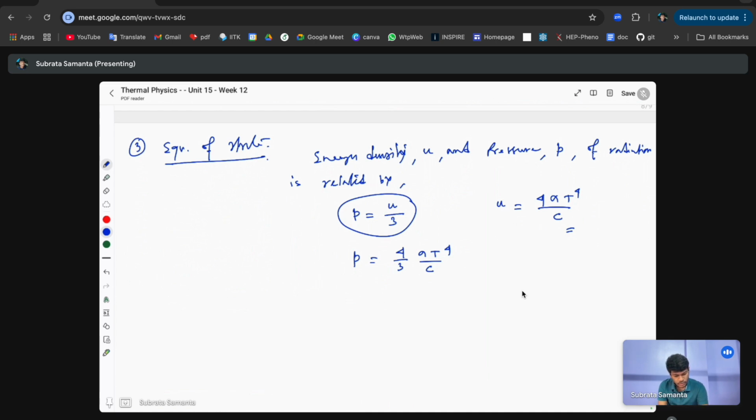This is U, the energy density for the radiation, and this is your equation of state. So p equals U over 3, and that tells you how energy density and pressure of the radiation are related. From this you have to calculate the temperature: T is basically (3c p over 4 sigma) to the power 1 over 4.